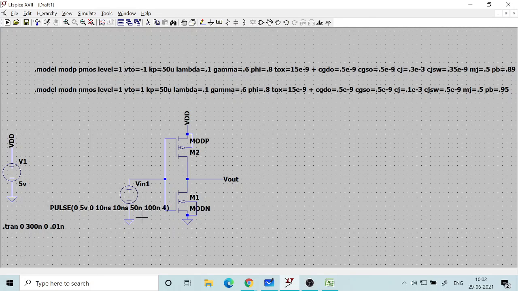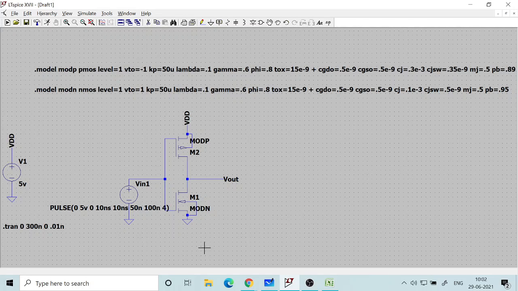But now I am giving a pulse waveform with input rise time of 10 nanosecond, which is much slower compared to the rise time and fall time of the inverter. The inverter had roughly 100 picosecond rise and fall times.